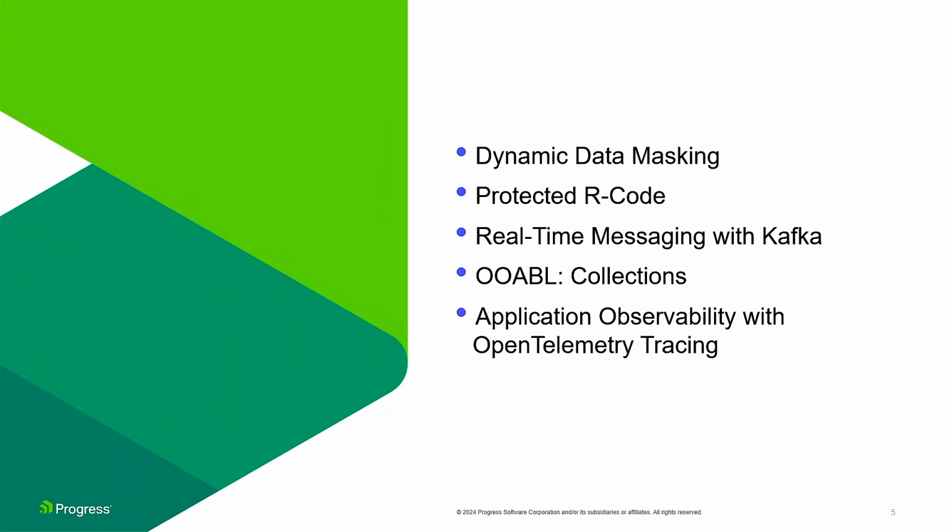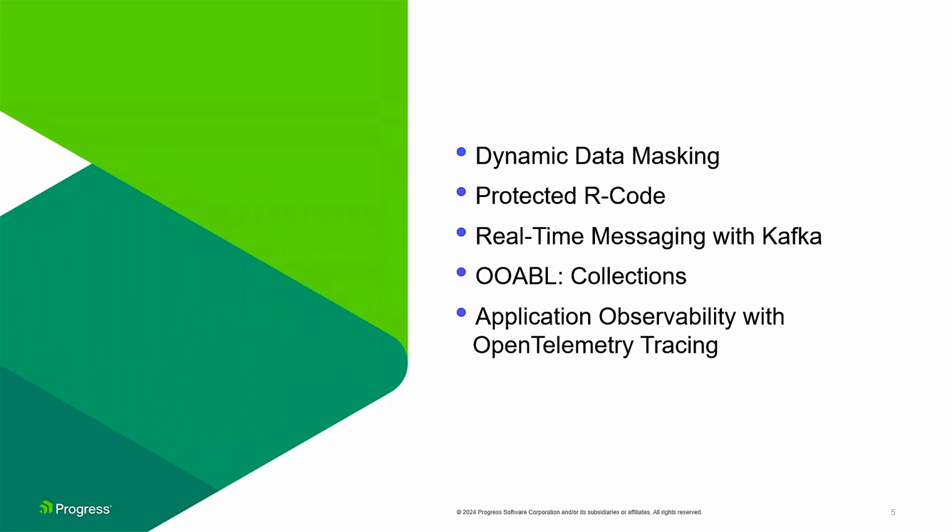Today, we'll be covering 5 exciting new features included in the OpenEdge 12.8 LTS release. First up, we have Alex Herbstritt, who will be covering 2 security-related features, dynamic data masking and also protected R code. These features essentially help you to protect your sensitive data and compiled source code. Next, we'll hear from Matt Baker, who will be covering event streaming with Kafka by leveraging the OpenEdge integration with Kafka.